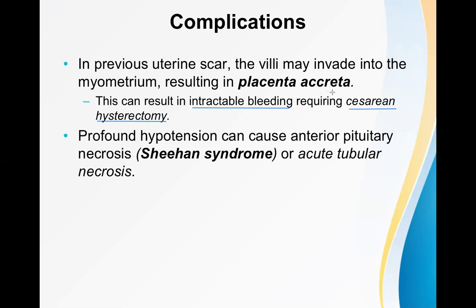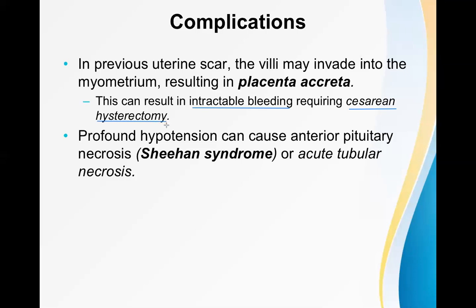So we have delivered the baby by cesarean section, but during the operation or surgery, the surgeon has found that the placenta has gone inside the substance of the myometrium, and it is causing very severe bleeding. So just to save the life of that lady from postpartum hemorrhage, they go for hysterectomy.